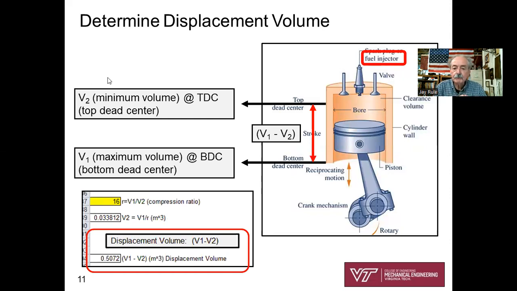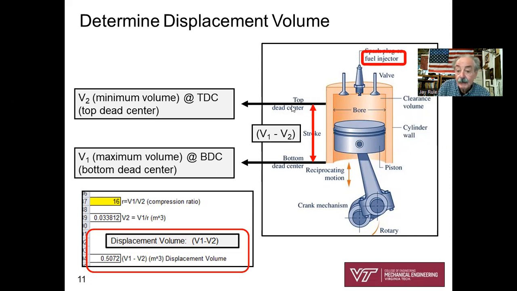Now, let's see, displacement volume. Okay, you have to be thinking now, so it's not obvious. What are you given in the problem? You're given a compression ratio of 16. What's the definition? It's V max over V min. I just found V1. That's the maximum volume, at bottom dead center of the piston and cylinder. Where's the minimum volume?